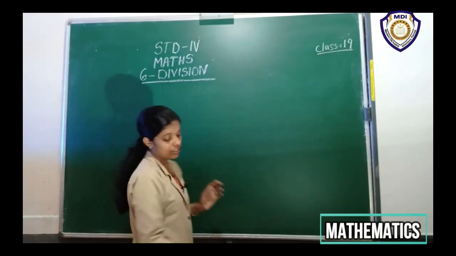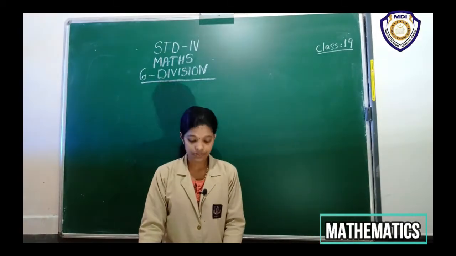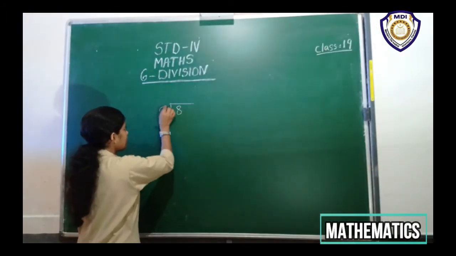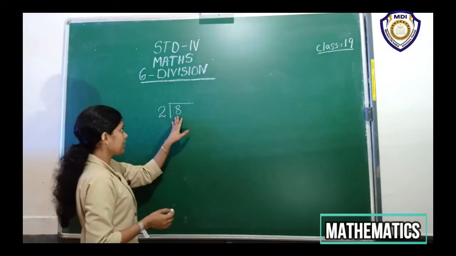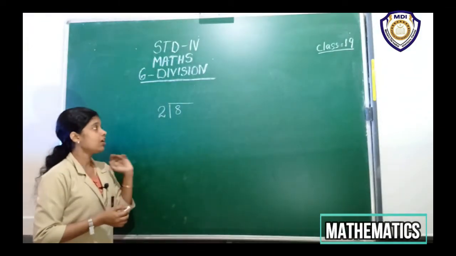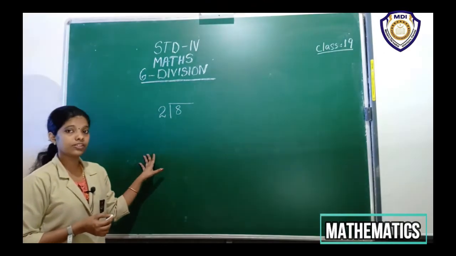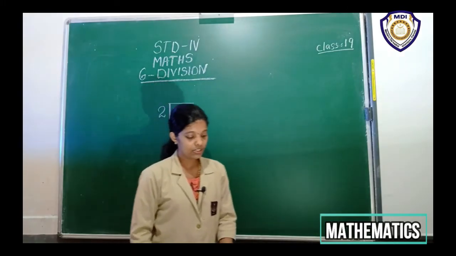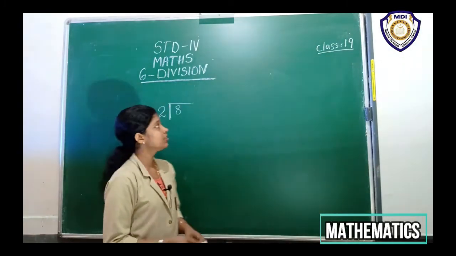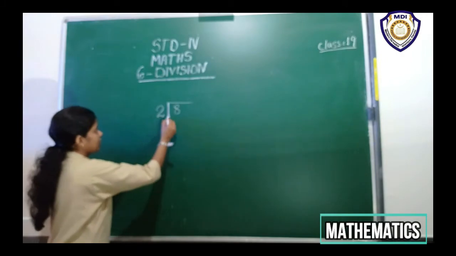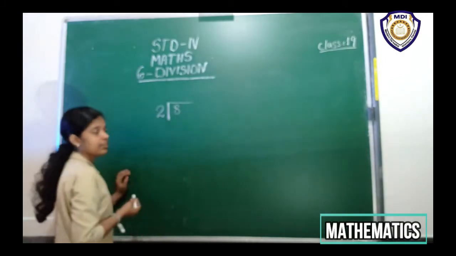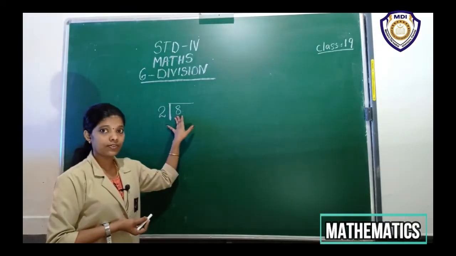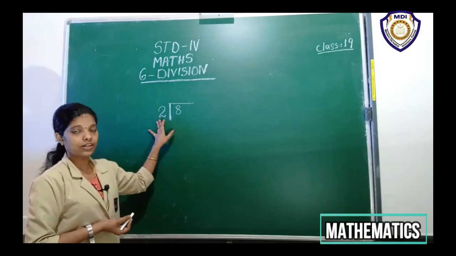Division is repeated subtraction. All of you listen here. 8 divided by 2. How to solve this problem? Okay, all of you listen here. 8 is the dividend and 2 is the divisor.